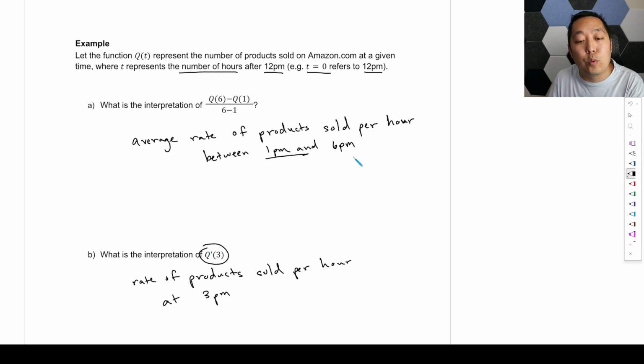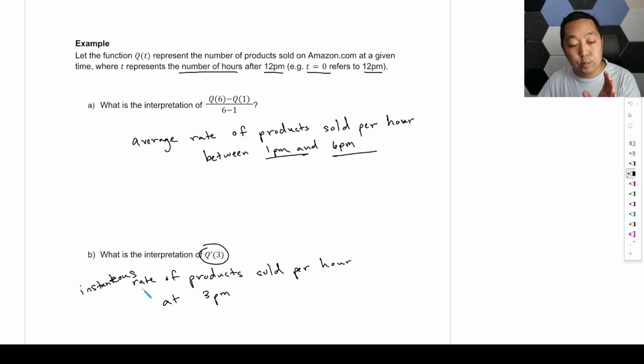This is over a range of times. That's the difference between the average rate and instantaneous. You don't have to say instantaneous in your answer here, but you can say instantaneous. Just because you're saying at a particular time, right?